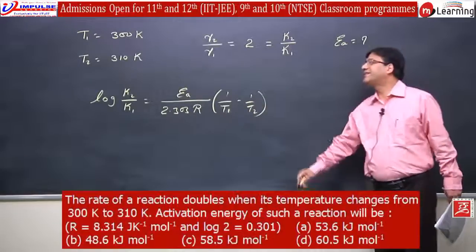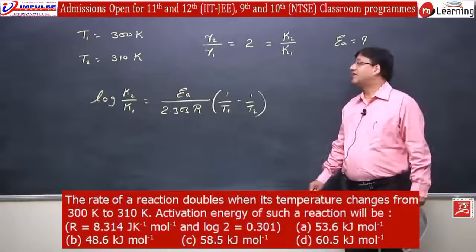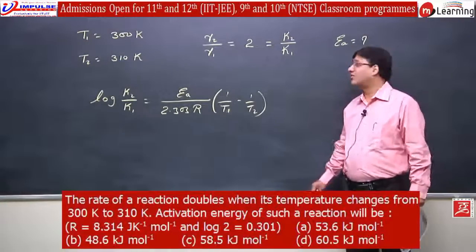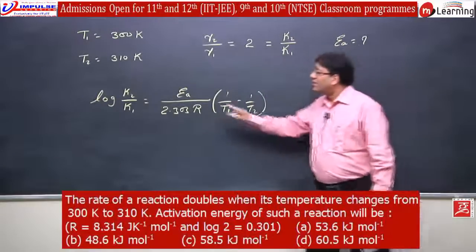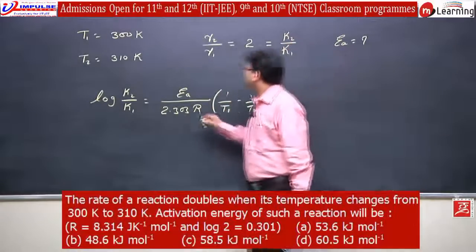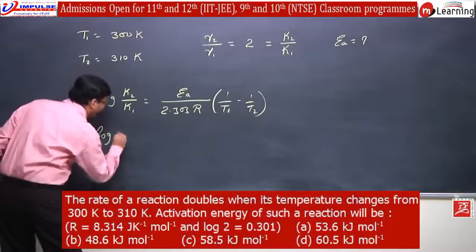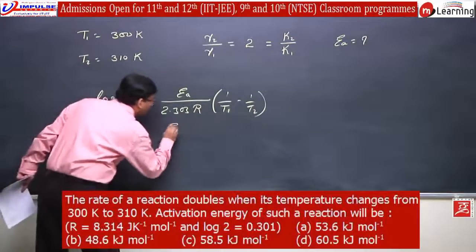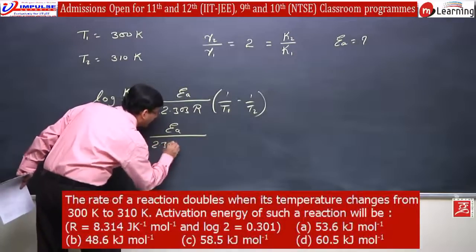This equation describes the variation in rate of reaction, or variation in the rate law constant, with temperature. We directly need to apply this. Log of K2 by K1 is given to us. Log of K2 by K1, which is log 2, is equal to, we are asked the activation energy, Ea upon 2.303.